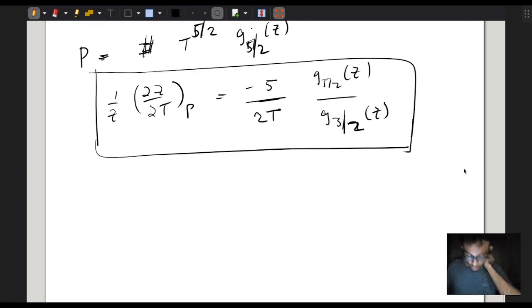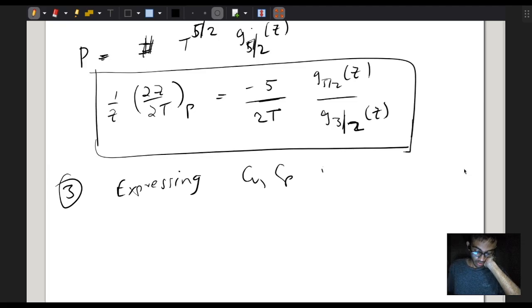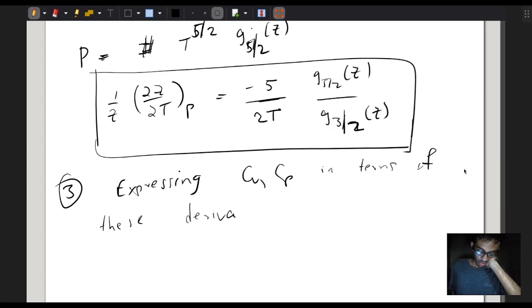Okay, so now the third part of the problem. So expressing CV, CP in terms of these derivatives that we have spent so much time calculating.